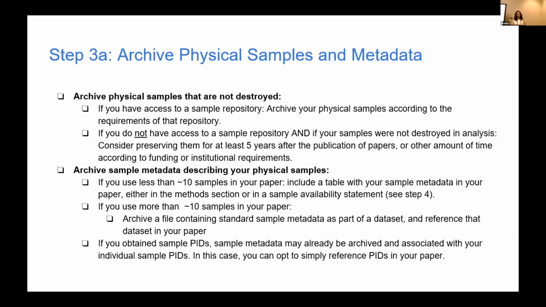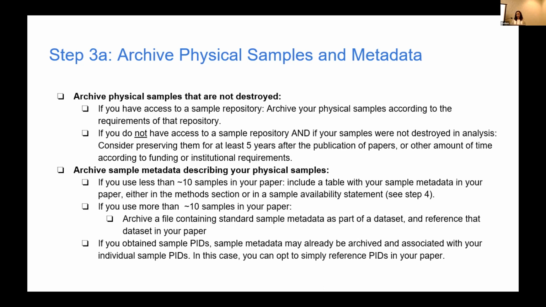So the recommendations that we've come to here are, if you use less than 10 samples in your paper, you might want to just include a table with your sample metadata in the paper, either in the methods section or potentially in a sample availability statement. And we have some examples of doing that in the actual guidance.